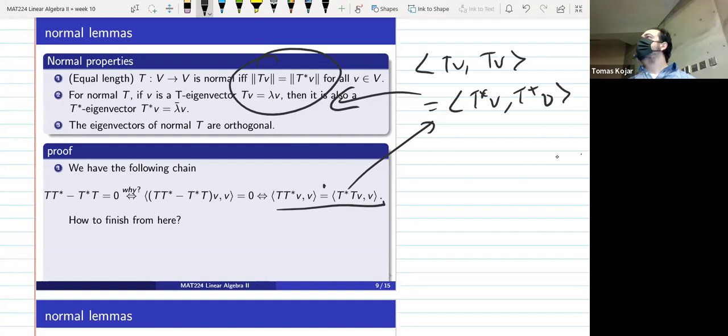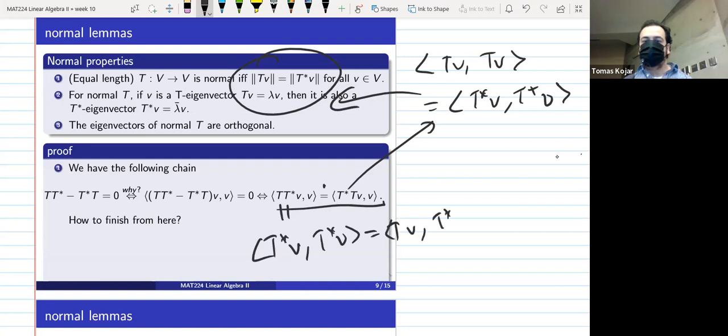So the guy here is equal to T star V, and the guy on the right is equal to TV, T star star V, and this guy is TV. Is that okay?